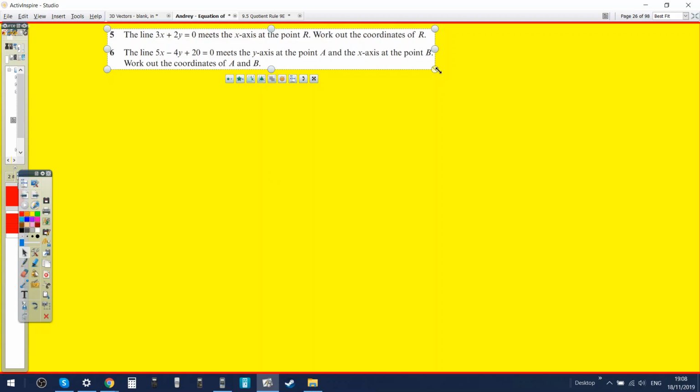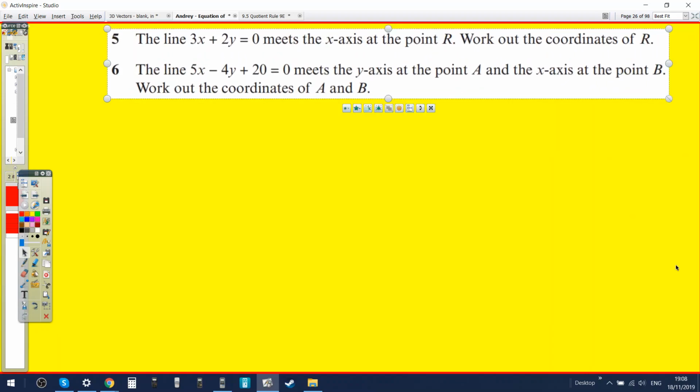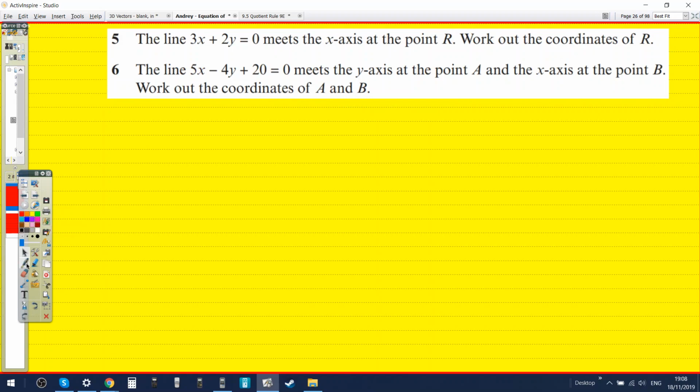Okay, how would you do question 6? So do I need to sub in 0 into both x and y?